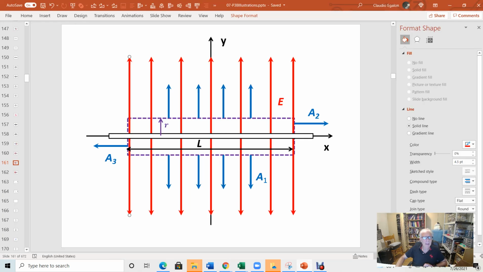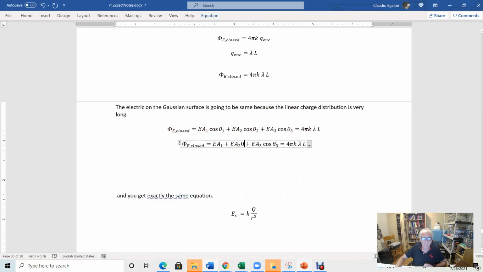Similarly, the area vector here is perpendicular to the electric field as well, so we get another 0 here. And we are left only with this term. We don't need this one here on the left side anymore, right?